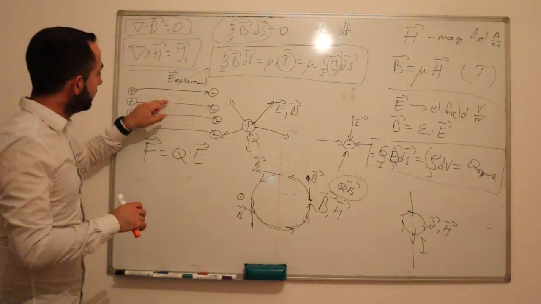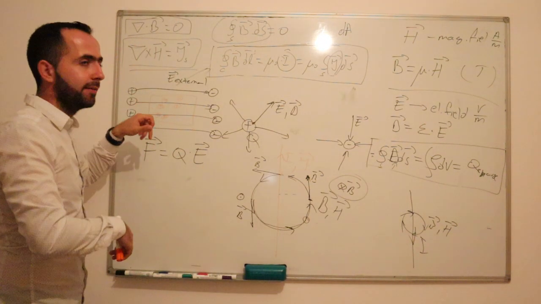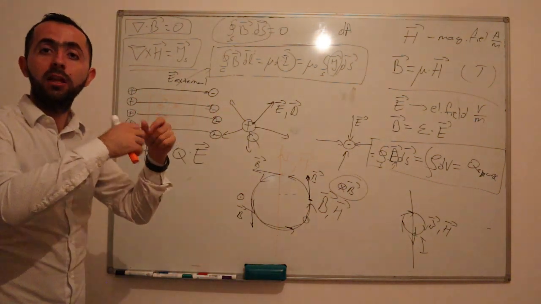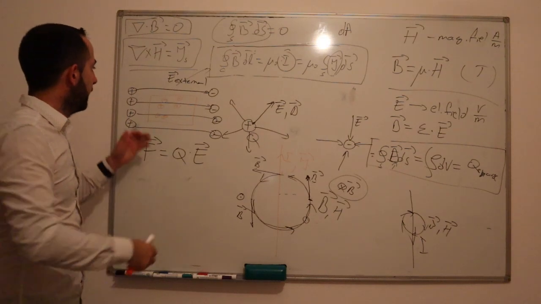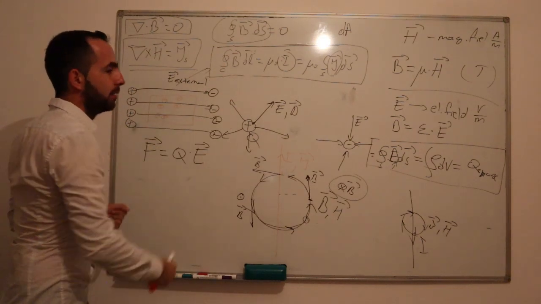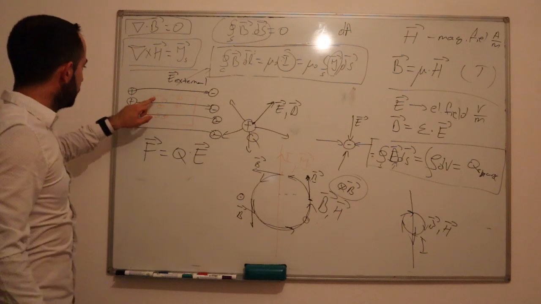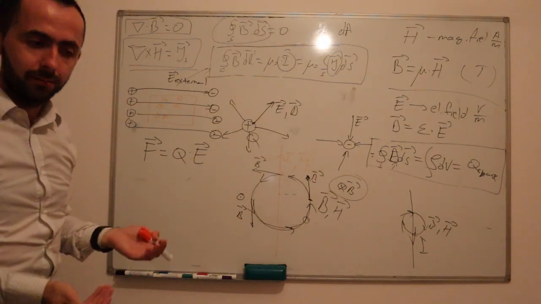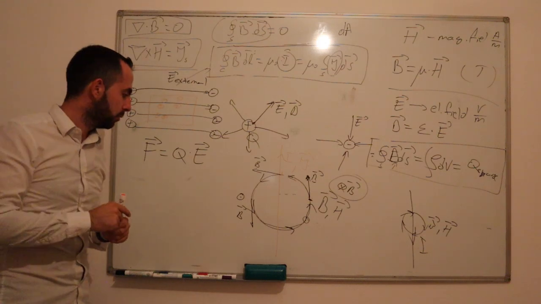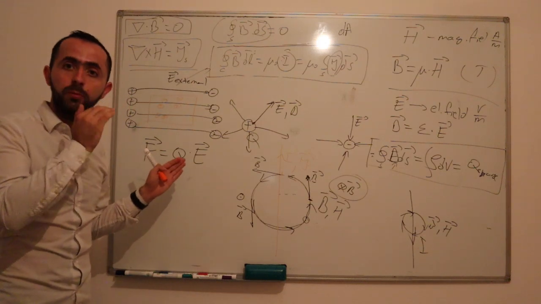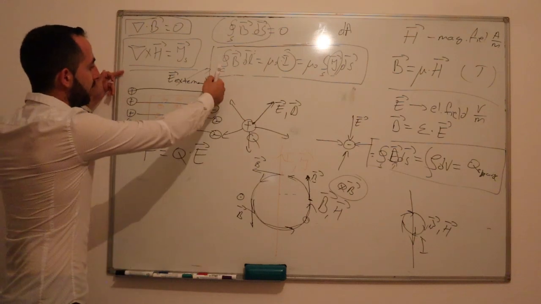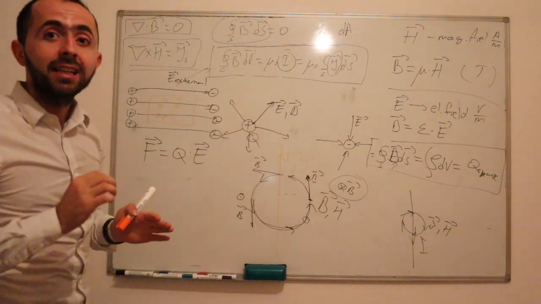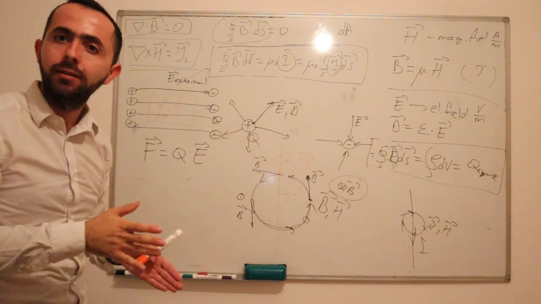So these electrons, negative and positive charges, will be moving. If I have a constant electrical field, those charges will have constant movement. Any movement of electrical charge produces a current. If this field is constant, this movement will be constant. It means that we will get a constant current.